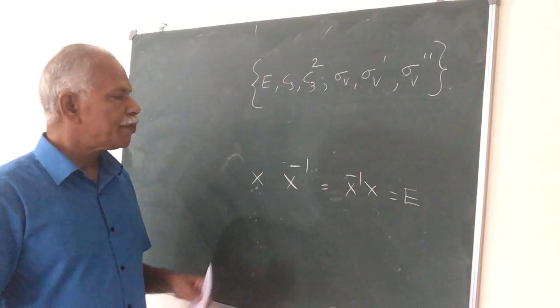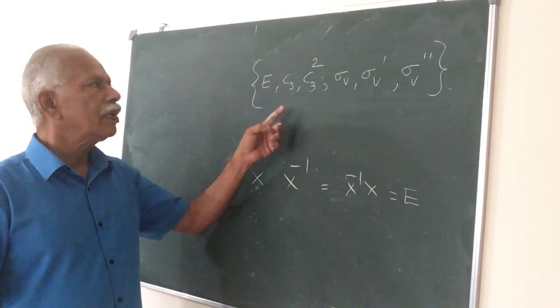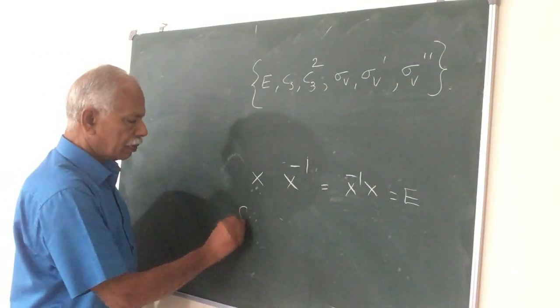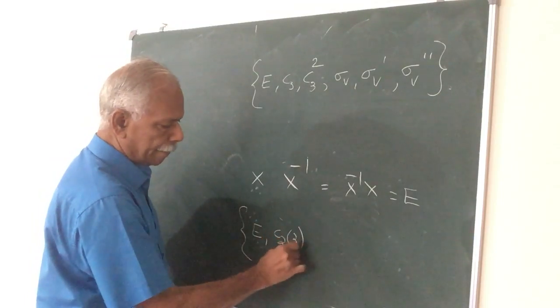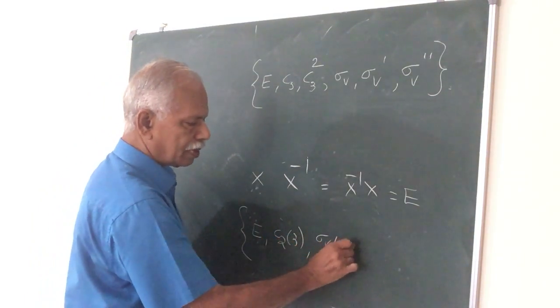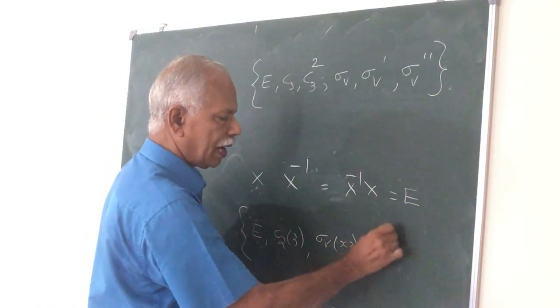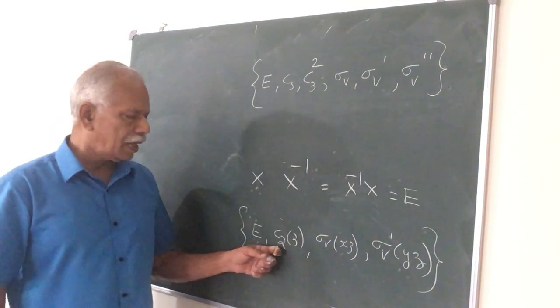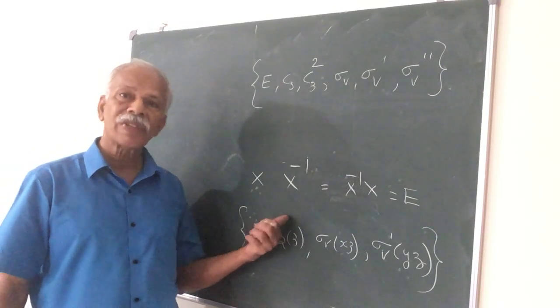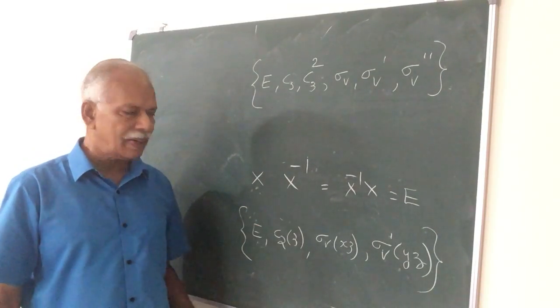And what is the inverse of this operation? Our list was identity, C2 z, sigma v xz and sigma v dash yz. You get identity by combining C2 with C2. C2 squared is identity.